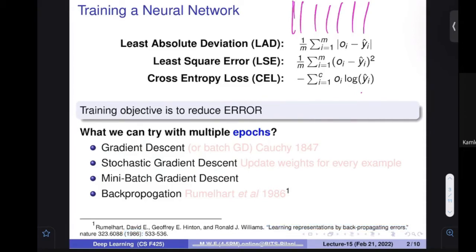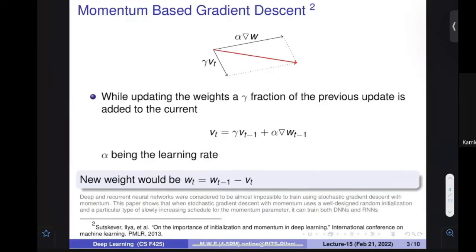We now have a system that can learn the parameter. How can we make this system faster? The first method that we are going to discuss is called the momentum based gradient descent.